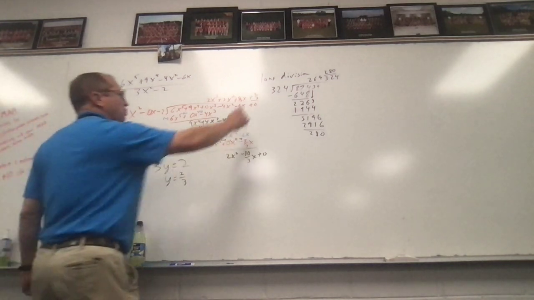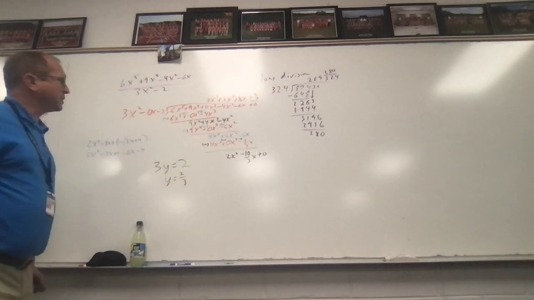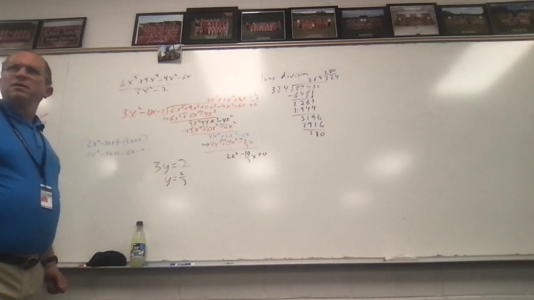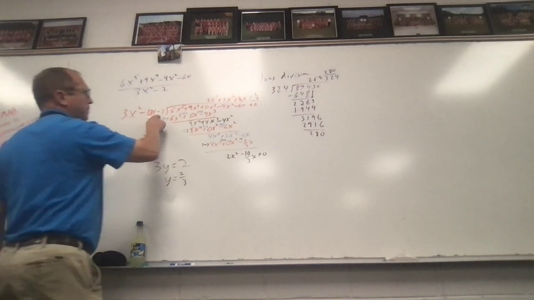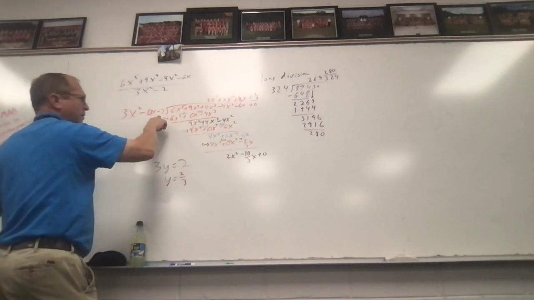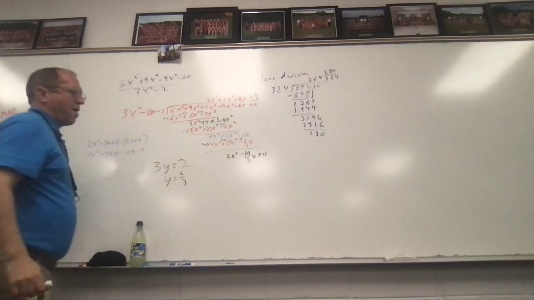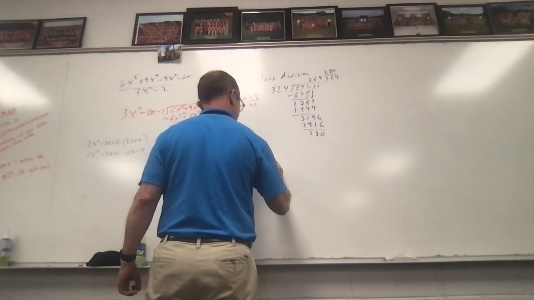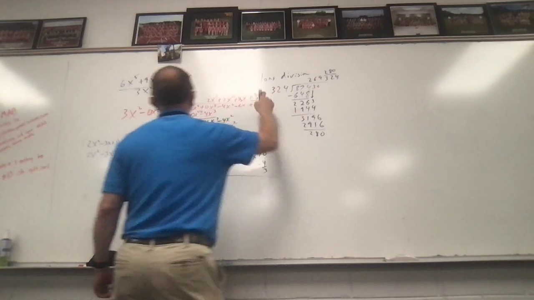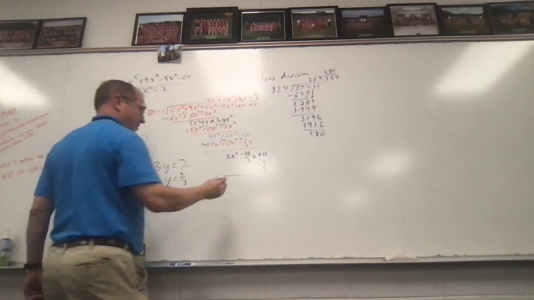All right, so I have 2/3 times negative 2, which is negative 4/3. All right, 2/3 times 0, 0.